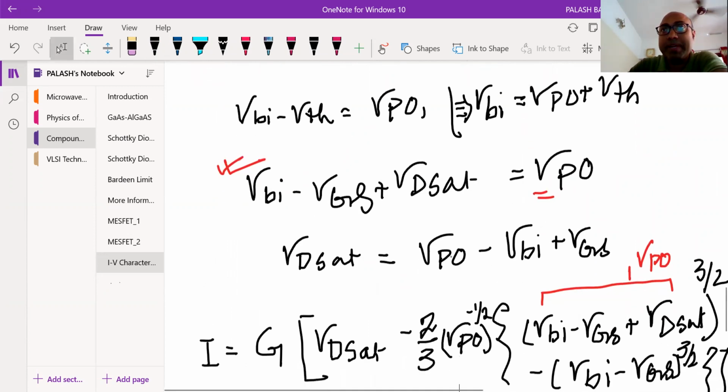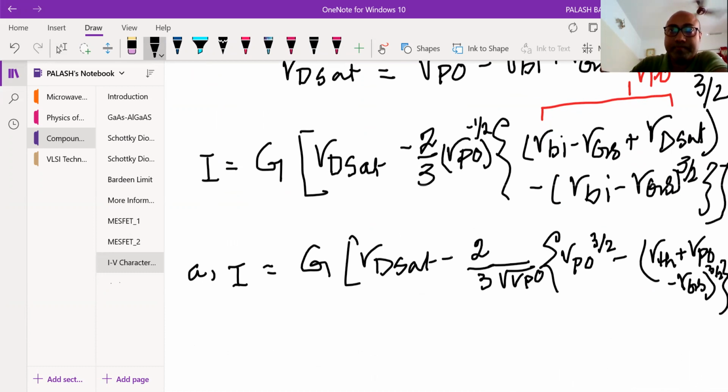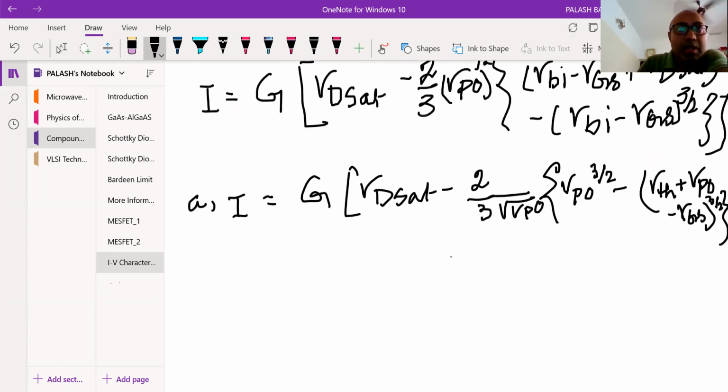So we can write the same thing: V threshold plus VP0 minus VGS whole to the power 3/2.